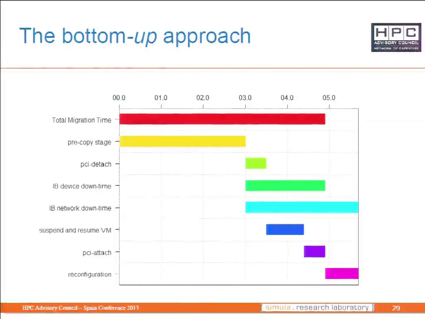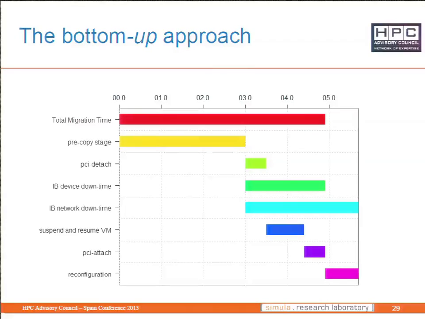This is a timing breakdown of the migration process. So this is the total time, which is almost 5 seconds, as you see. This might be more or less if the virtual machines have more or less memory, RAM. As you see, the pre-copy stage takes most of the time, almost 3 seconds.